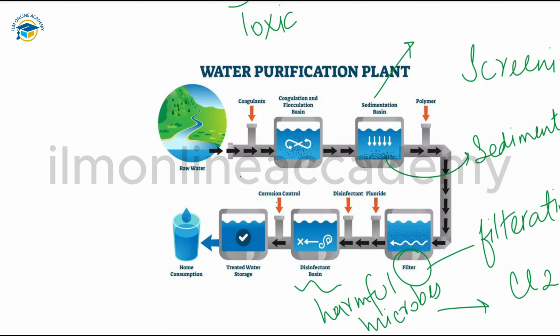Second, we have a filtration process to remove the particles, and then water enters the sedimentation tank. Fine sand filtration removes the remaining impurities, and in the last we have disinfection. Chlorine is added to kill the microbes and also ensure safety. So this is how you can treat or purify the water for domestic purposes.